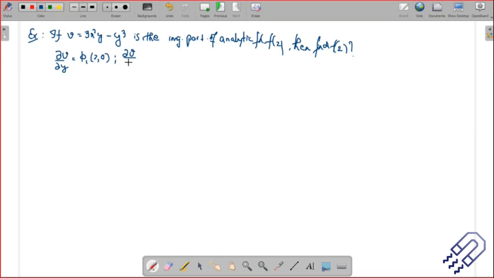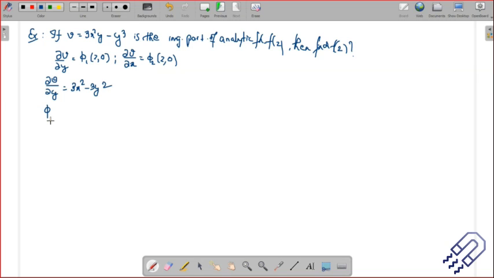And del v divided by del x is equal to phi 2 (z, 0). So this is del v del y, and this is del v del x. Let's find it out fast. Del v del y is 3x square minus 3y square, right?